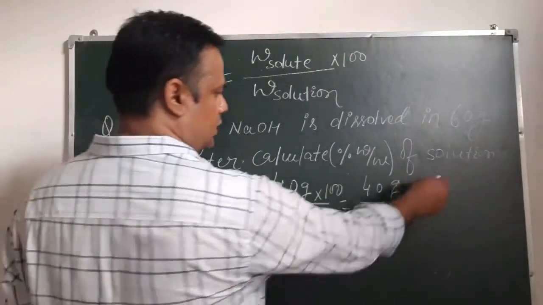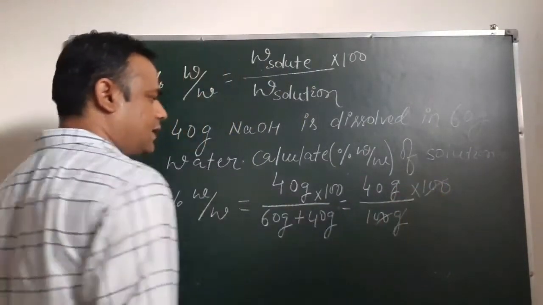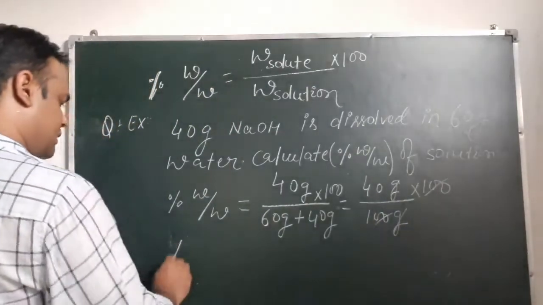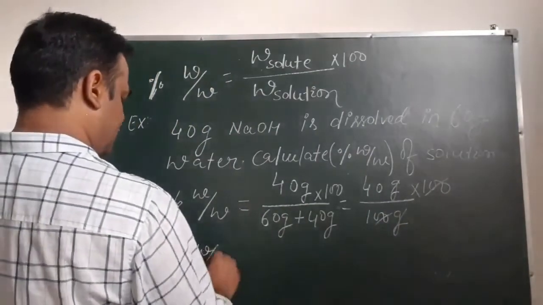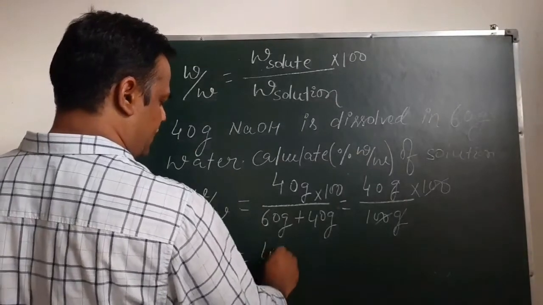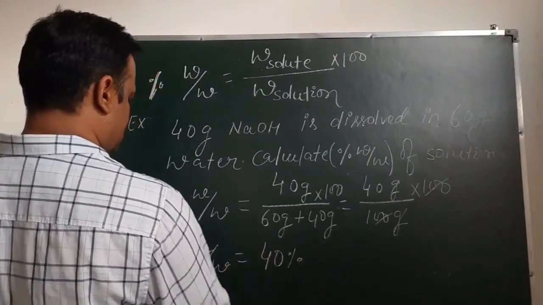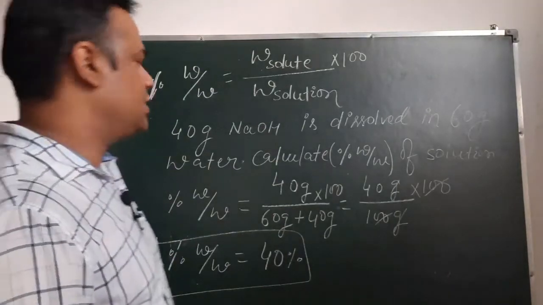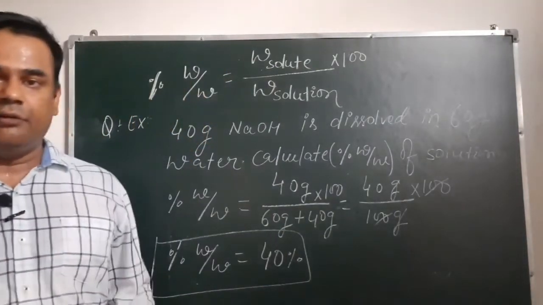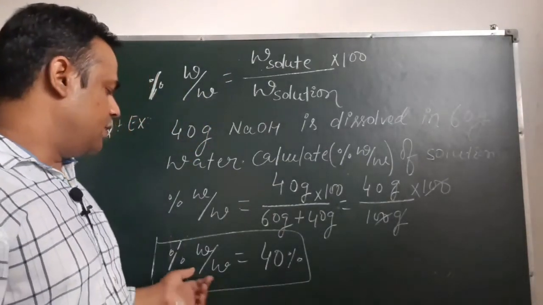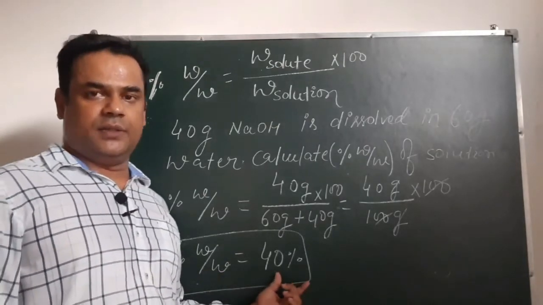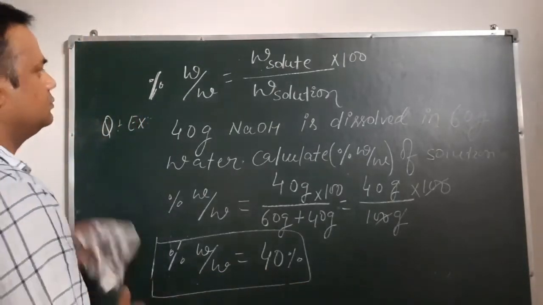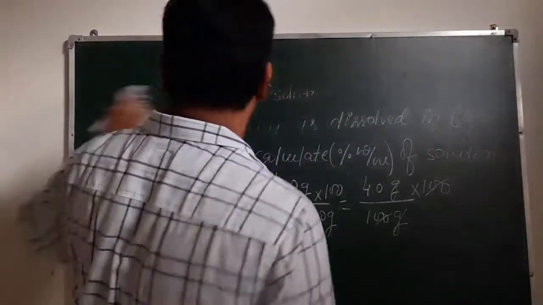So 100 will cancel out, and percentage weight by weight will be 40%. So when we dissolve 40 gram NaOH in 60 gram water, we have a solution with percentage mass by mass 40%. One more question.